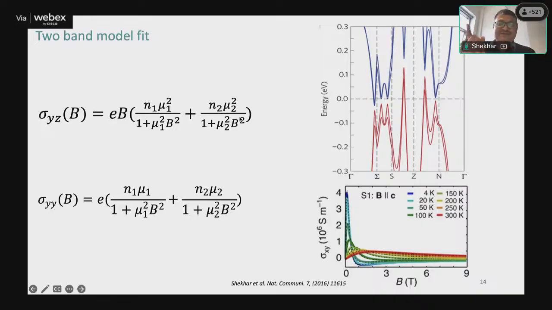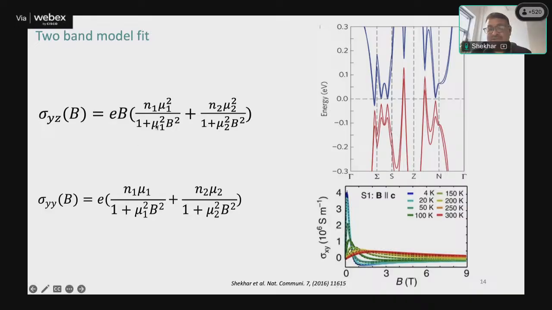The simplest one is the single band model, but rather than that, we have a two-band model where we can separate how much is hole charge carrier and how much is electron charge carrier at one temperature. In the previous one, we can calculate only one charge carrier at a particular temperature.